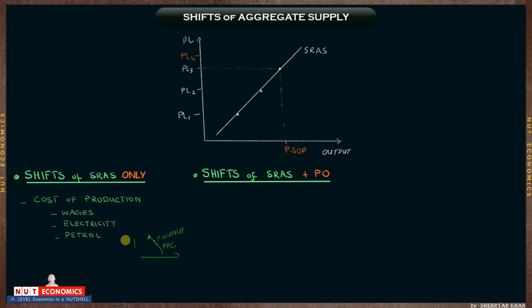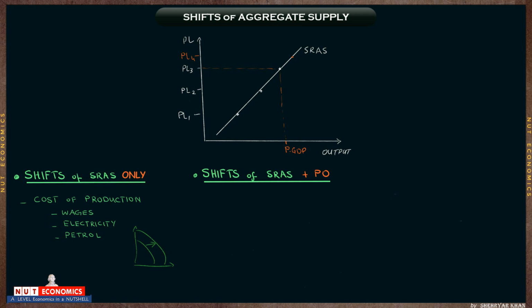Now, that will be helpful in more than one ways as we go along. But first of all, this is helpful because when we say that factors that shift both the short-run aggregate supply curve as well as the potential output are those factors that change the country's productive capacity, then we are talking about the same things that we learned when we talked about the reasons why the country's PPC may shift outwards.